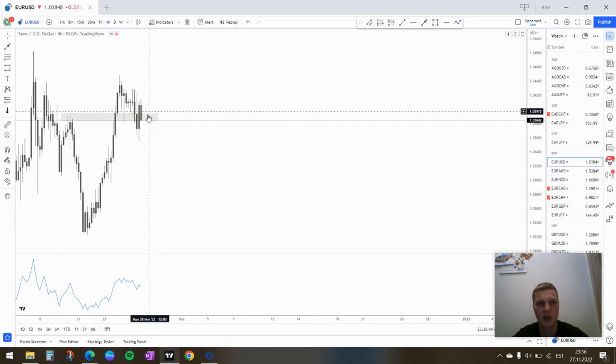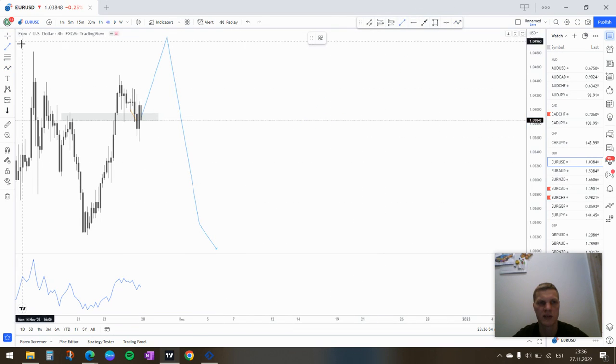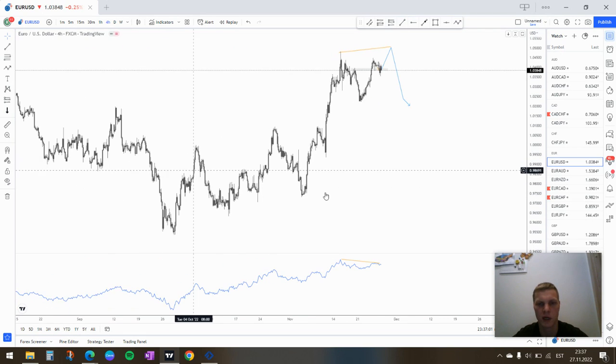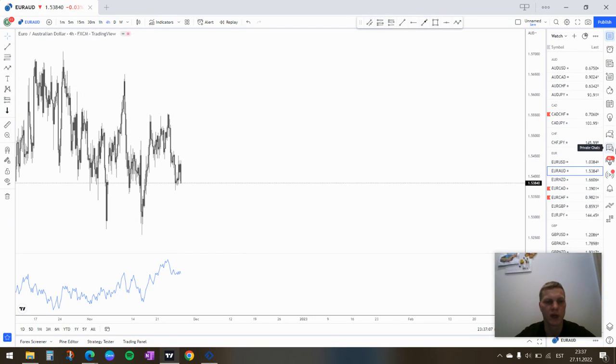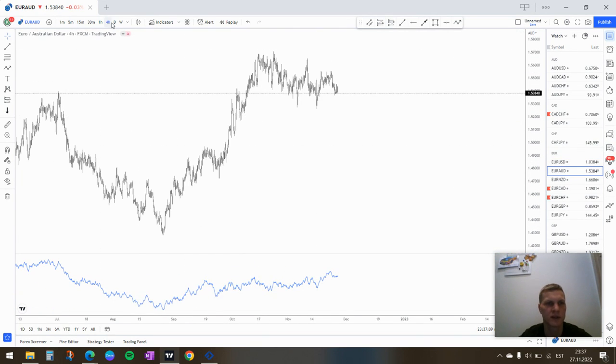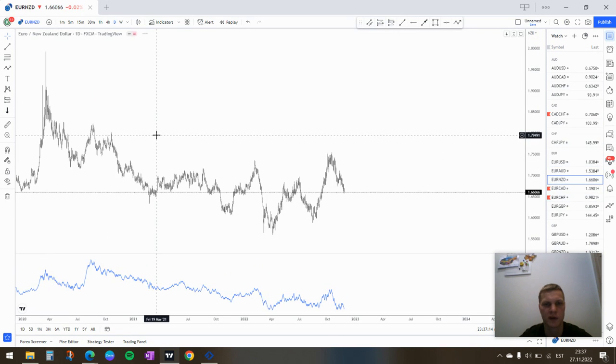I'm waiting for a second wick here, and then if the second wick comes and makes a divergence from here to here, from here to here, why not? I'm looking for a setup like that. Euro AUD is ranging. Don't know what that's doing. Let's stay off from trading that.